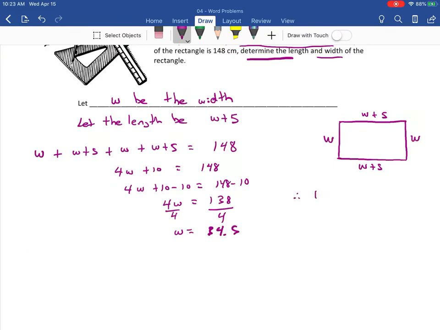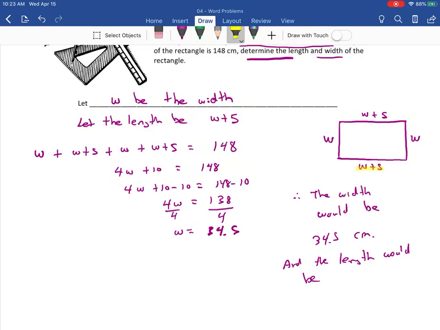Now, this question said determine the length and the width. So if I want the length, the width would be 34.5 centimeters, and the length would be, well, how do I get the length? Well, I got several options of where to find the length.